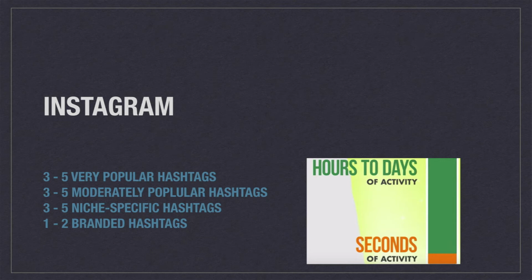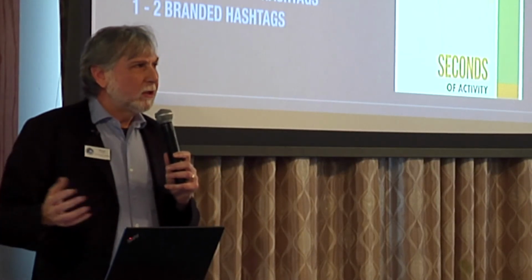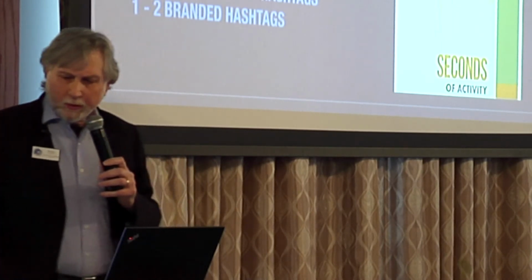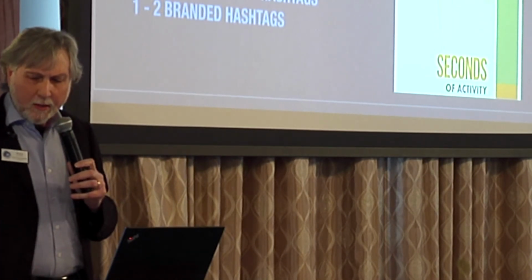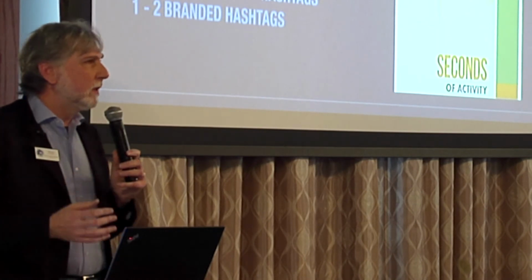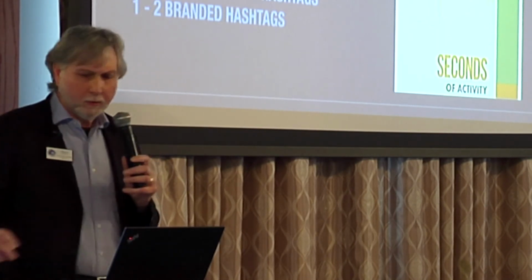This graph shows you that with the super popular ones, you're going to get seconds. Those hashtags show up in the feed, and then they're gone within seconds, especially if they're getting over 1 million uses. If you use something moderately popular, you'll get a couple of hours because fewer people have used those.